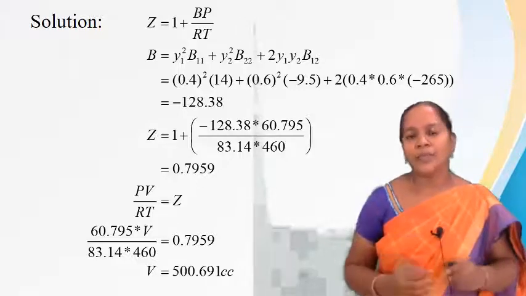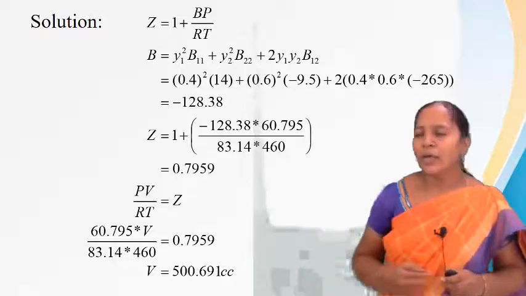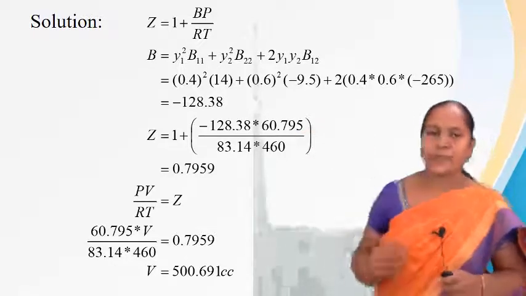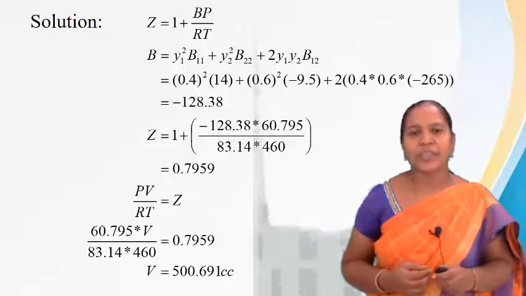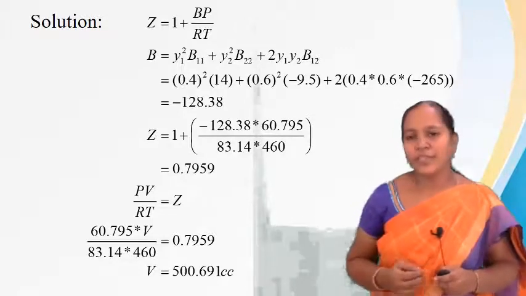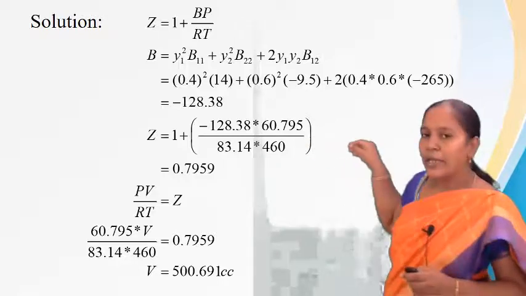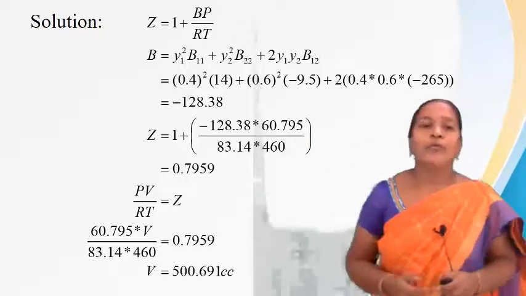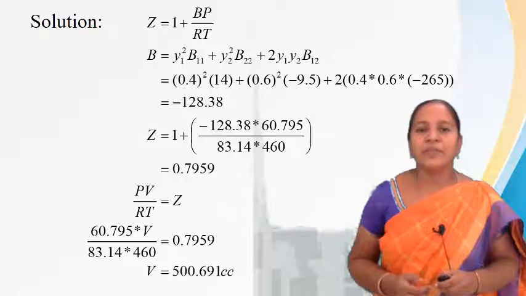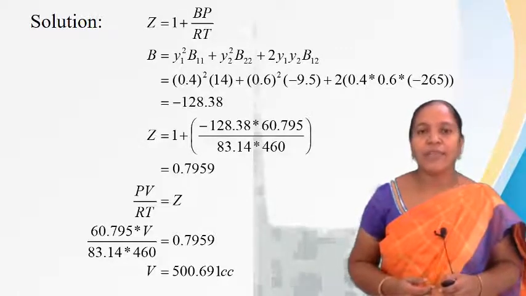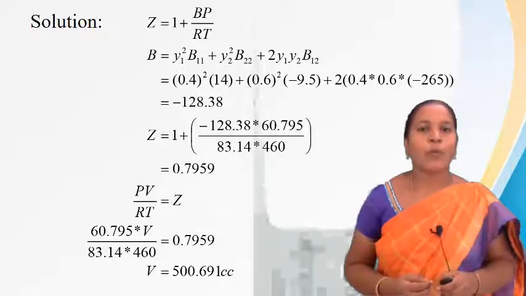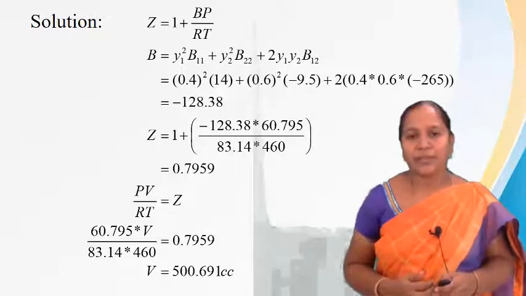After calculating the B value, substitute in the compressibility factor expression, that is equals to 1 plus minus 128.38 into 60.795 divided by 83.14 into 460. After simplification, we get the value of Z as 0.7959.